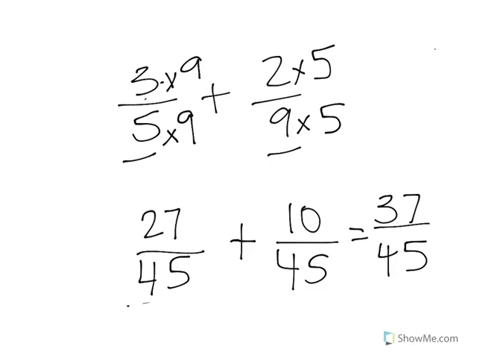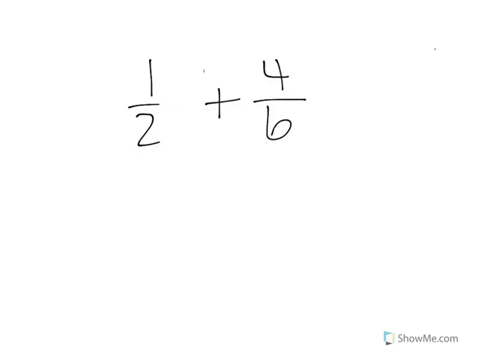Now let's do one that might be a little trickier, where you have to actually go through the motions of finding the least common multiple. If we find the least common multiple, then you will be less likely to have to simplify the fraction. So let's look at a different fraction here. Let's do 1/2 plus 4/6.